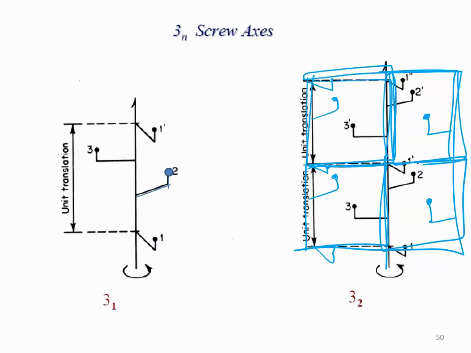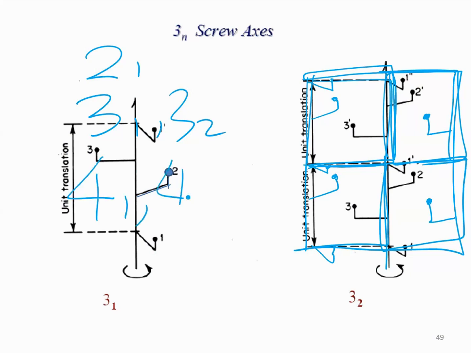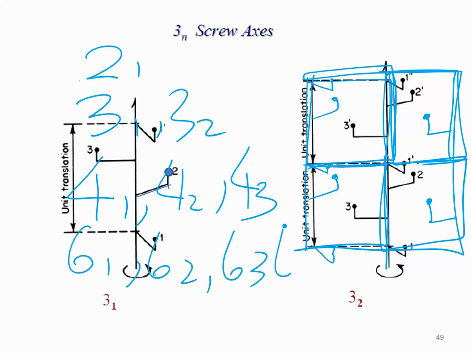Okay, so I only showed you 2_1, 3_1, 3_2. And I want you to go home and try to work on 4_1, 4_2, 4_3, 6_1, 6_2, 6_3, 6_4, 6_5.